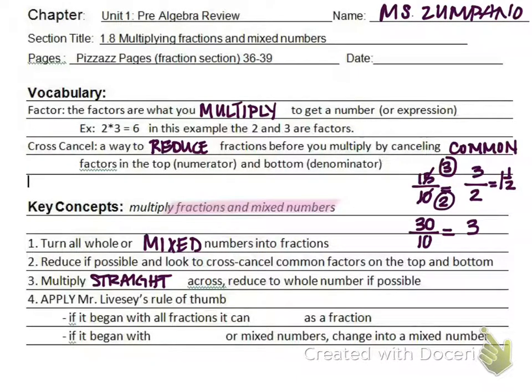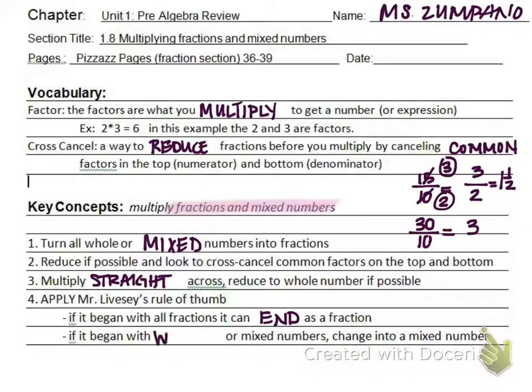Now, the next thing is to apply Mr. Livesey's rule of thumb, and Mr. Livesey is our math department chair. If you haven't met him, I'm sure you will meet him at some point in the future. His rule of thumb for multiplying fractions and mixed numbers is that if it begins with all fractions, then it can end as a fraction.